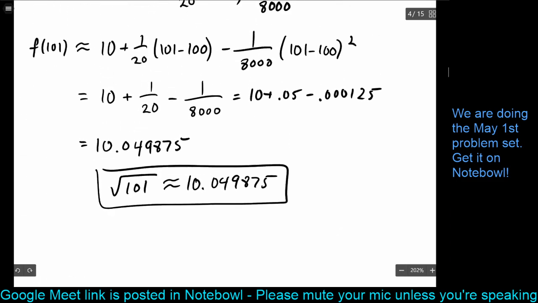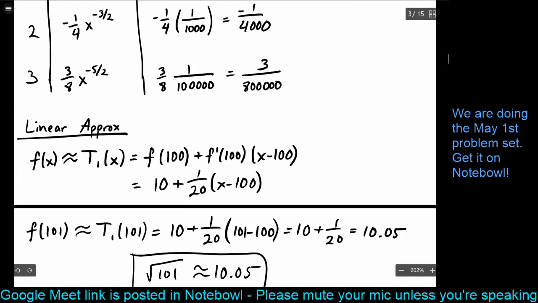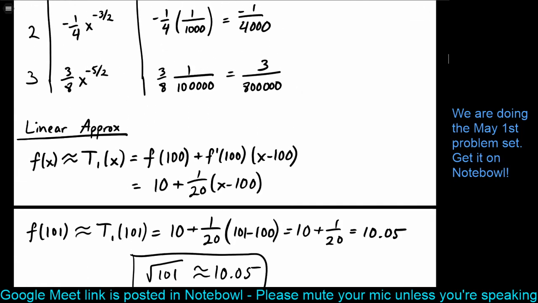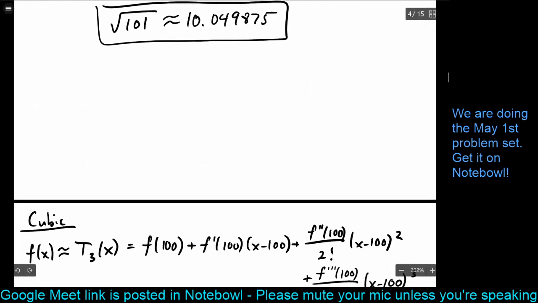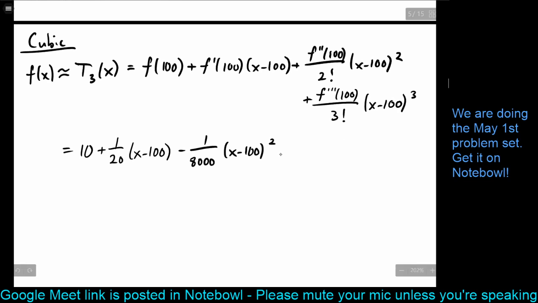And then let's see, what is our cubic coefficient? 3 over 800,000. And we need to divide that by 3 factorial. So that's going to be plus 1 over, it's actually 1.6 million, x minus 100 cubed.